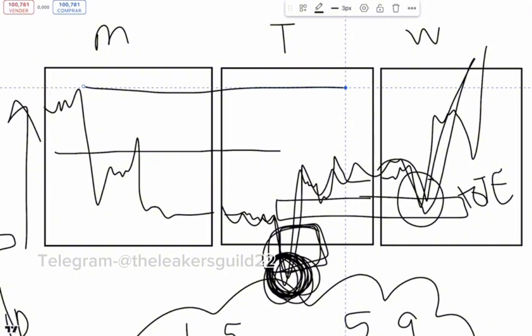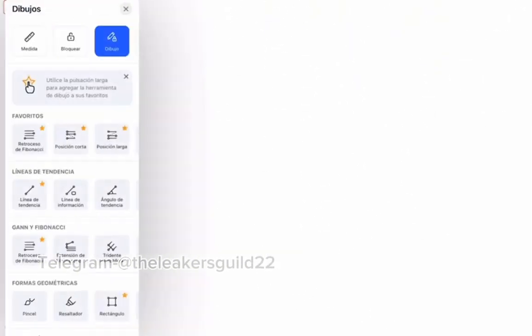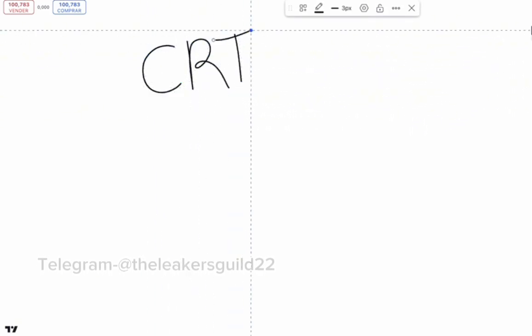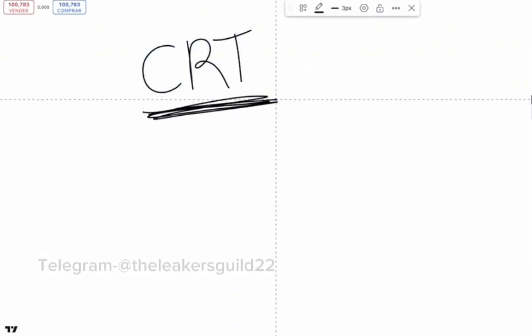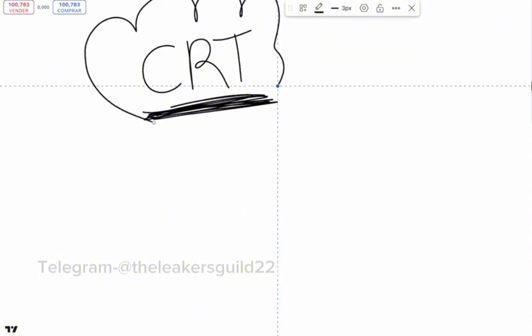And this is where we get into another topic, which is CRT and MMXM. Now, CRT is an objective way to visualize the market maker models. Now, as we know, the market maker models are simply stolen from Wyckoff, right? If you go back and look at Wyckoff schematics, you'll see plenty of market maker models.